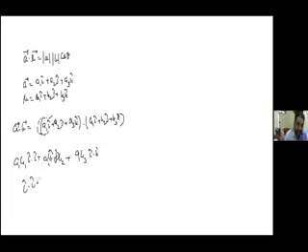Then mod a is under root a1 square plus a2 square plus a3 square, and similarly mod b equal to under root b1 square plus b2 square plus b3 square. Okay, so this is the formula. Also, a dot b is defined as a1 b1 plus a2 b2 plus a3 b3.